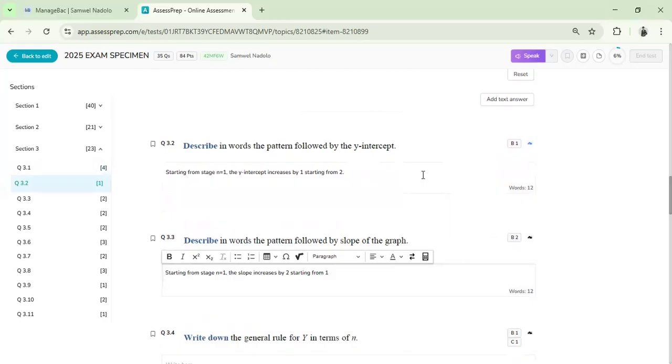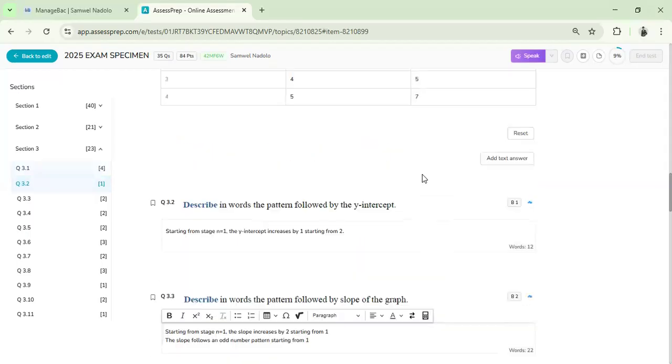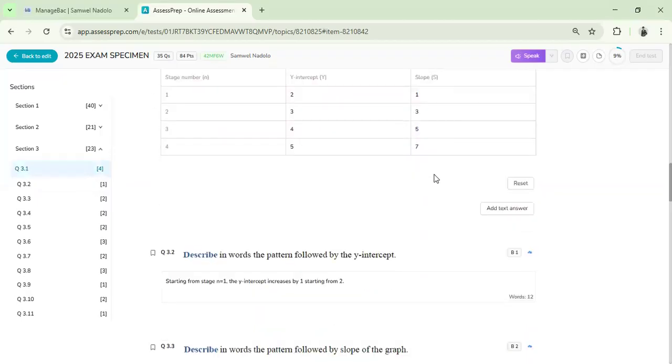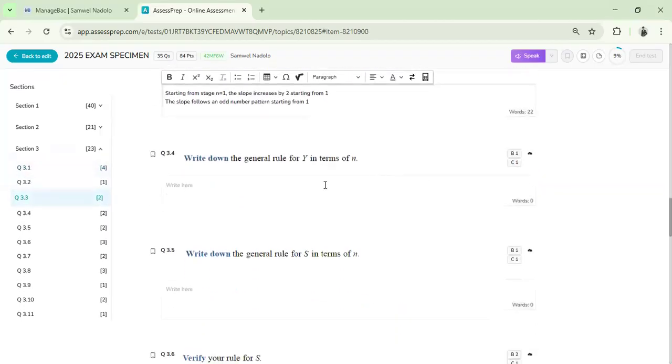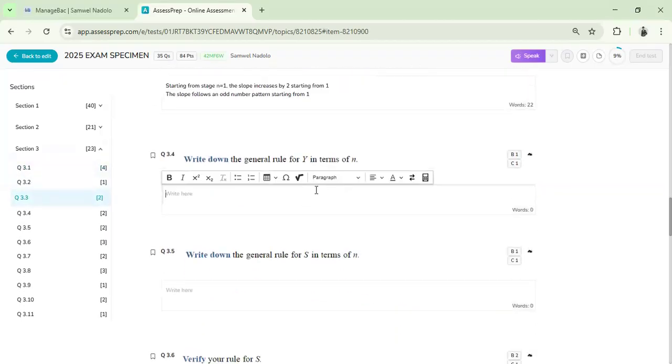You can also say the slope follows an odd number pattern starting from 1. You can really see those are odd numbers. 1 is an odd number, 3, 5, 7. That's how odd numbers are written, and you can see that as a pattern.